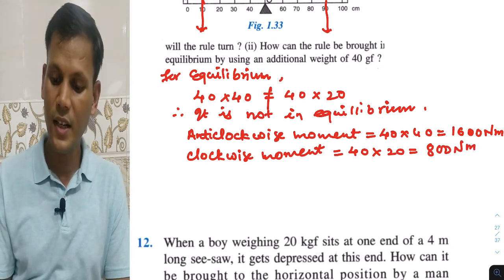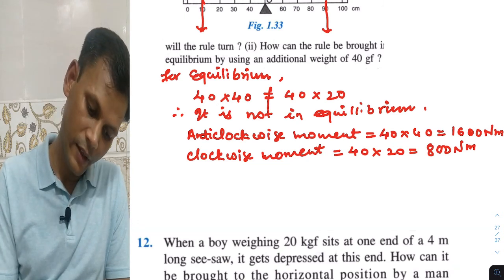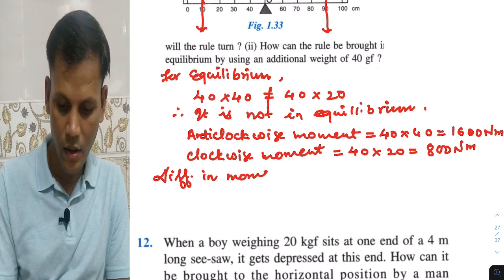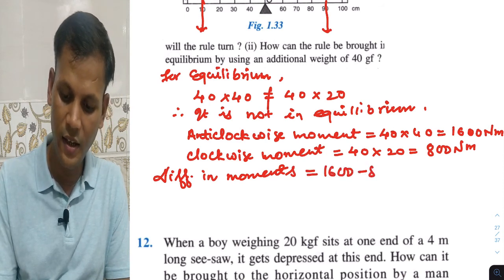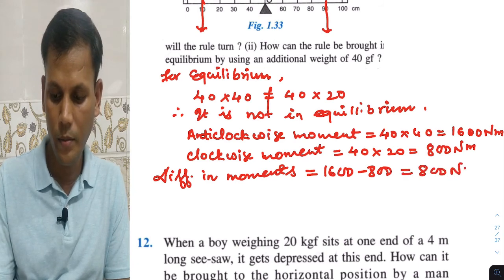So the resultant, or the difference in moments, will be 1600 minus 800, that is 800 Newton meter.